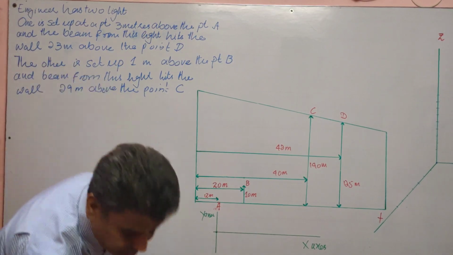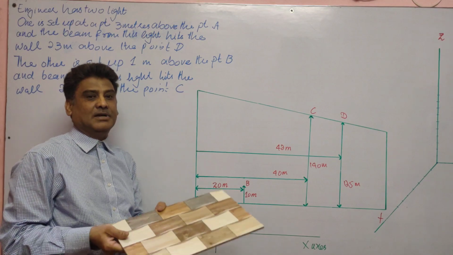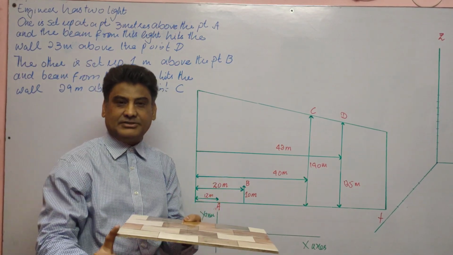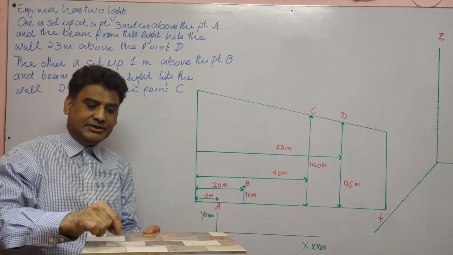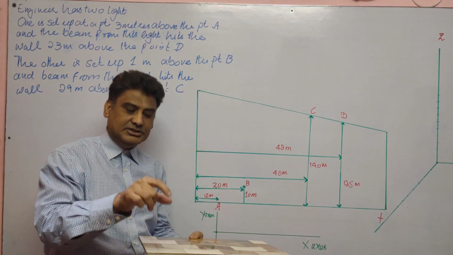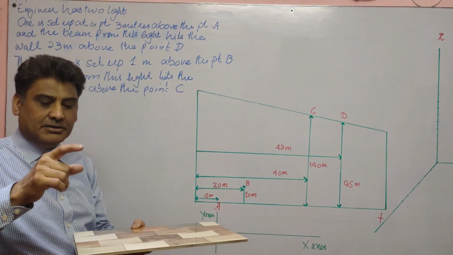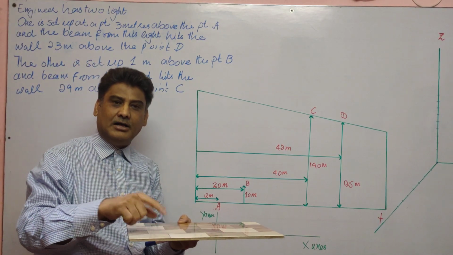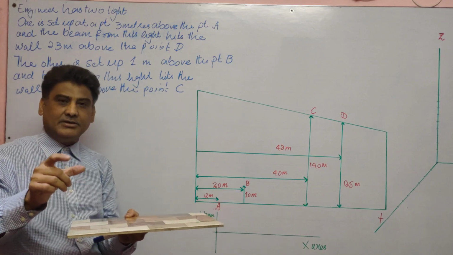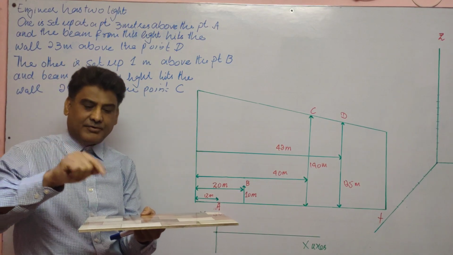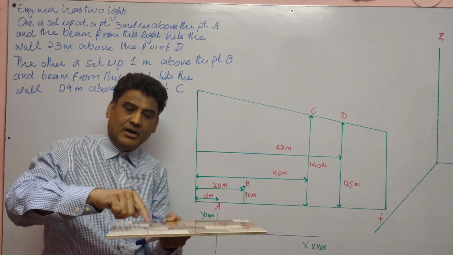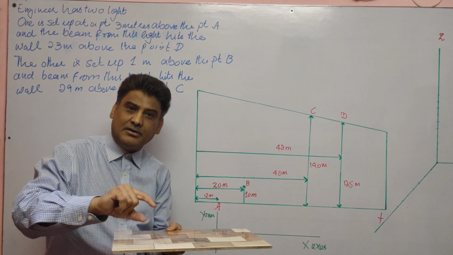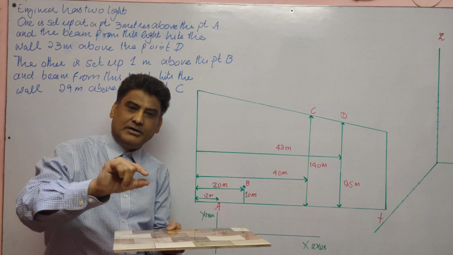For example, this is the XY plane, or rectangular coordinate system, with x-axis and y-axis. Here is a point A in this plane. The engineer sets up the first light 3 meters above this point A. If we count from this point A 3 meters above, we count 1, 2 and 3.